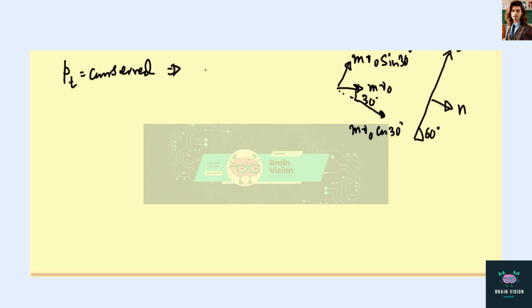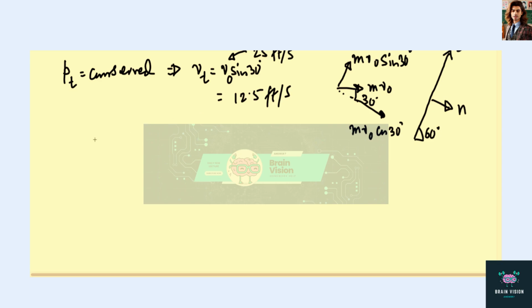So we will find that tangential velocity after the collision is given by v0 sine 30 degree. v0 is 25 feet per second. So the tangential velocity comes out to be 12.5 feet per second.